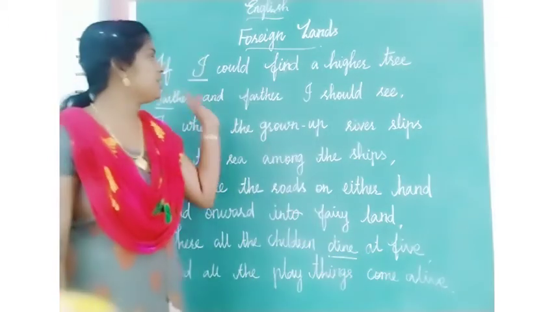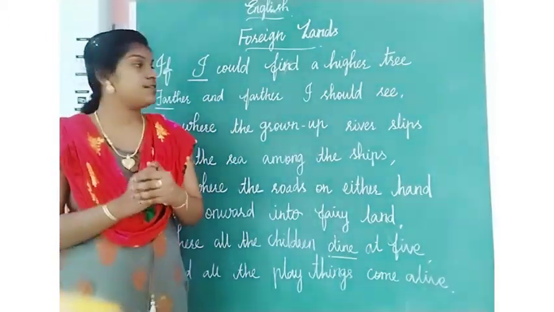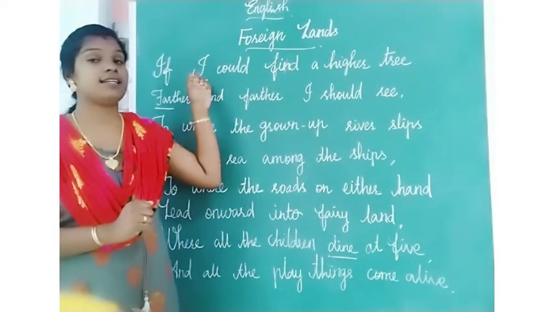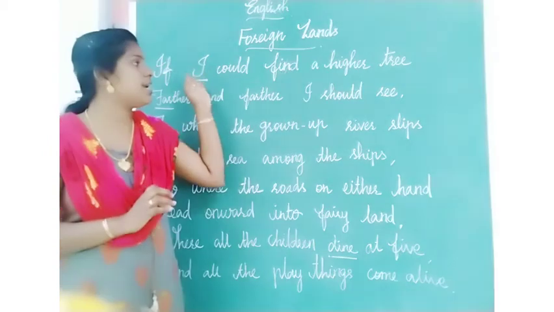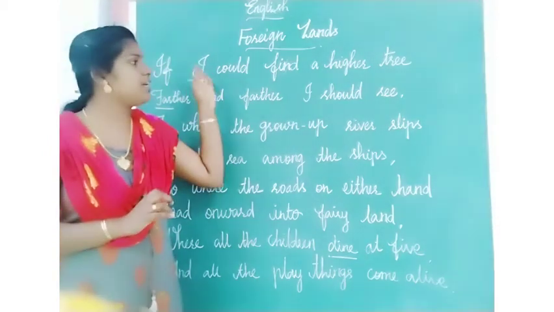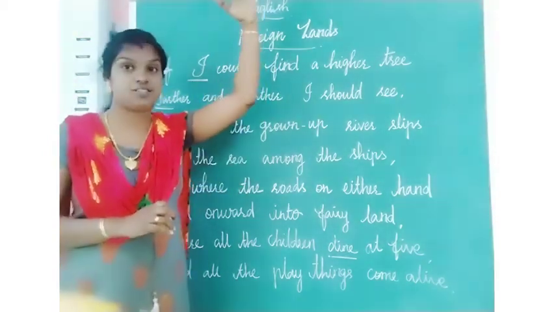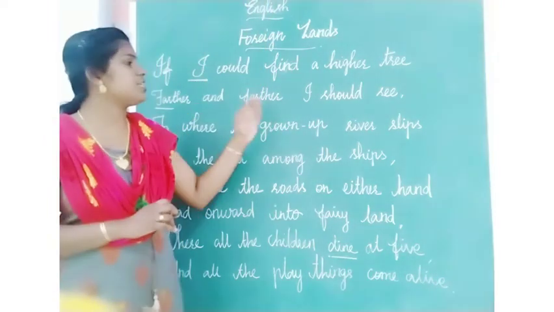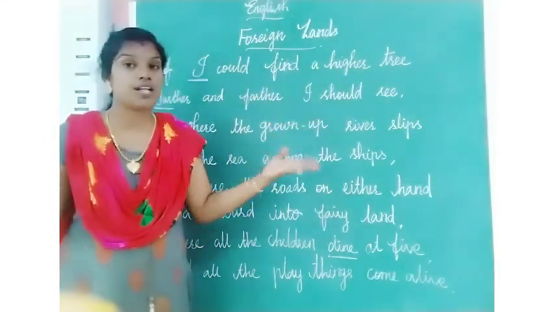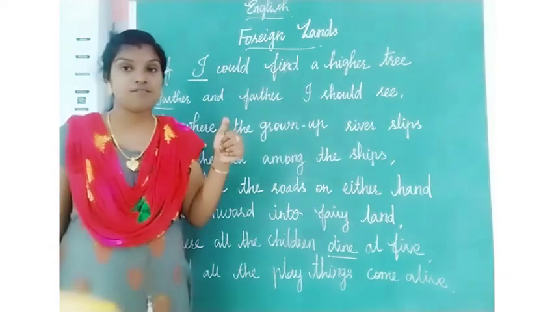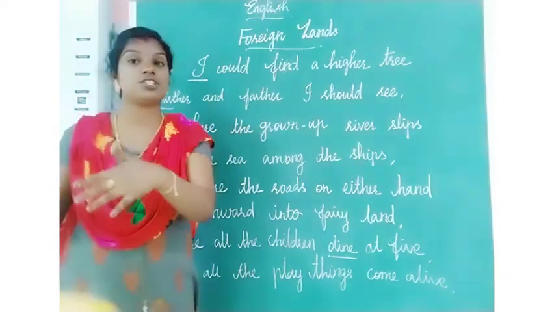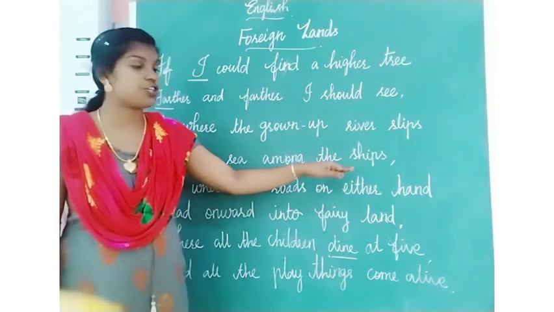Here the I refers to that child. The child was saying that if I could find a higher tree, I could see farther and farther, and also to where the grown-up river slips into the sea among the ships.